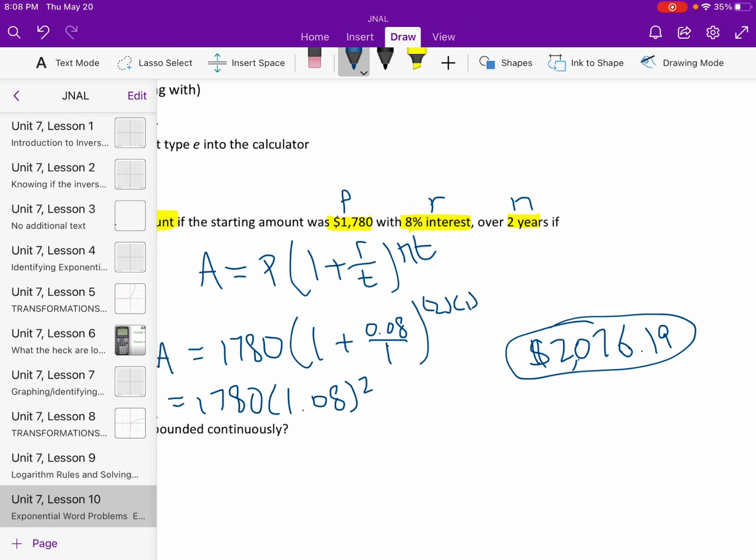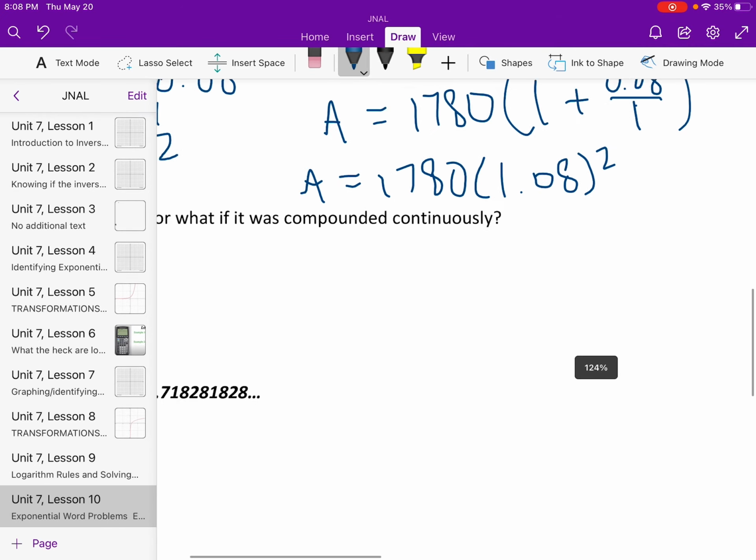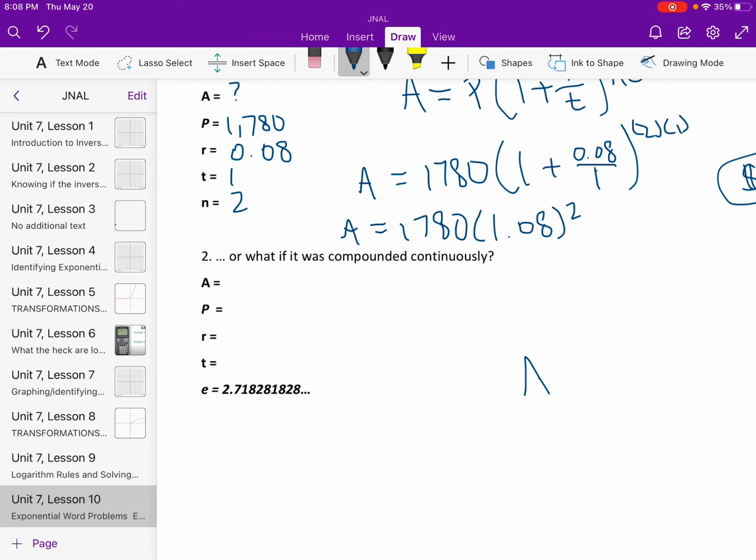That's the answer. Now it also asks what if it was compounded continuously, so that we can see what it's like to use that equation, A equals P E to the RT. We still need to find A. P is still the same, R is still the same, T is still the same, and E is always that value.